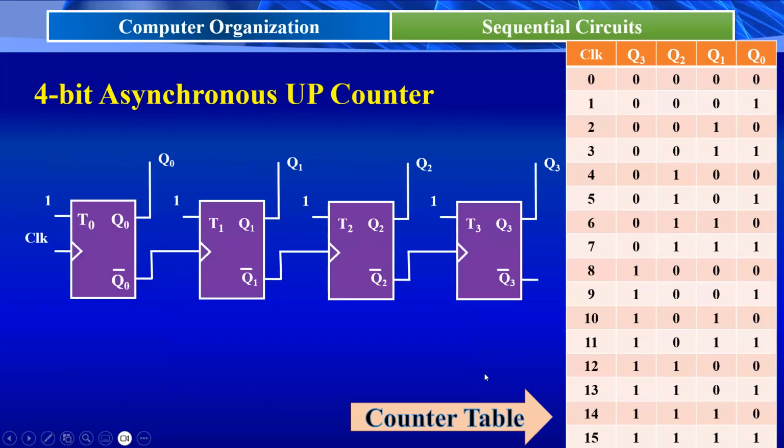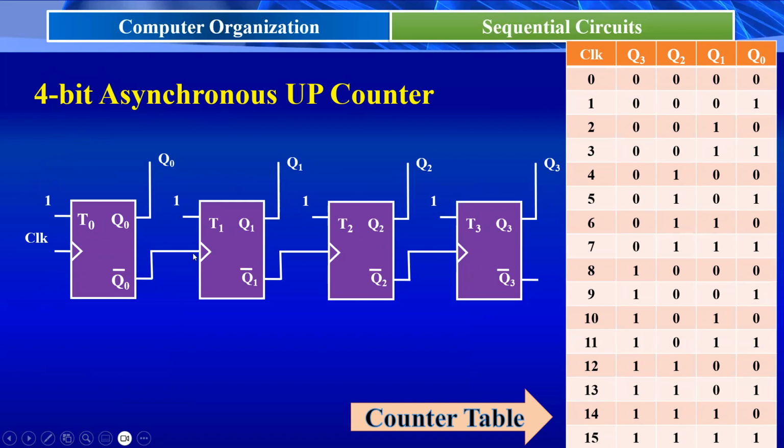For example, if I design a 4-bit asynchronous counter, we know that it is designed with 4 flip-flops. I already told you that asynchronous counters are designed using either JK flip-flops or T flip-flops. Either way, the flip-flop inputs should always be connected to logic 1.